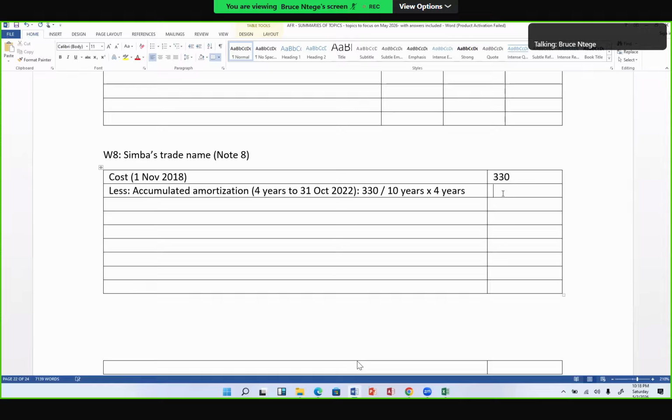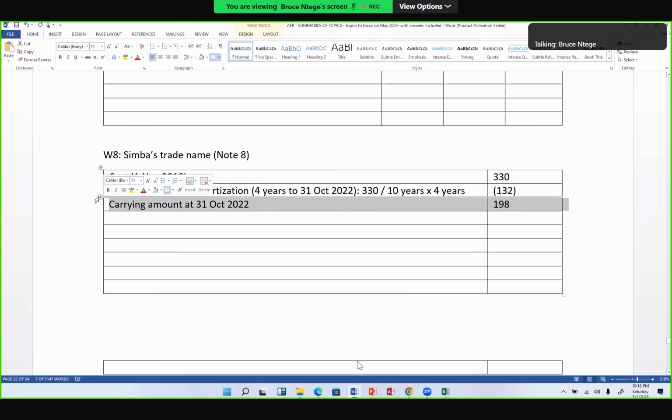I'm taking out 132. So the carrying amount at 31st October 2022 is 330 minus 132, so I have 198.